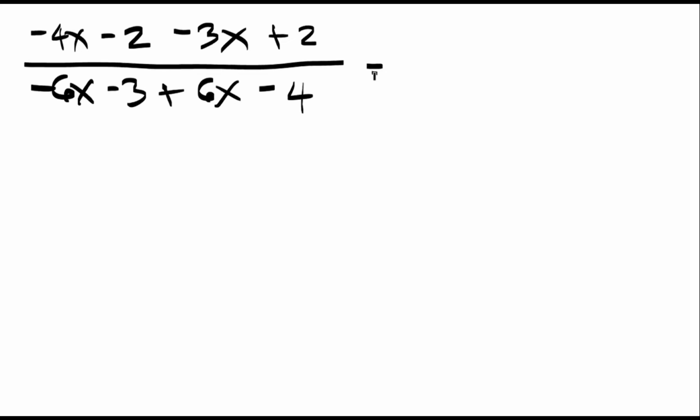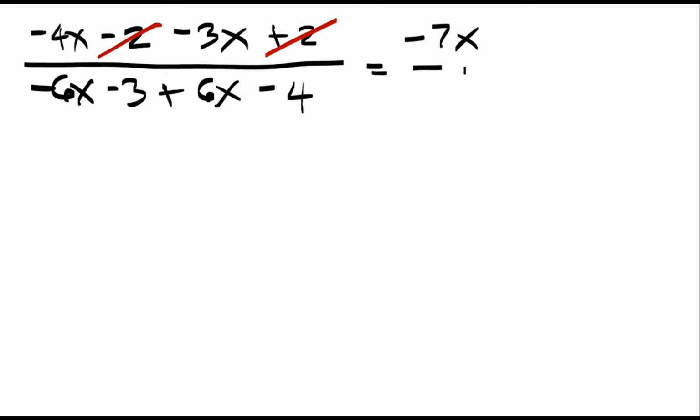So we simplify this. Negative 4x minus 3x is negative 7x, and negative 2 plus 2 is equal to 0.